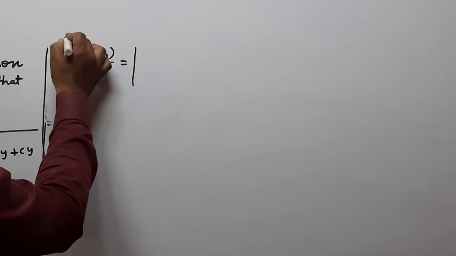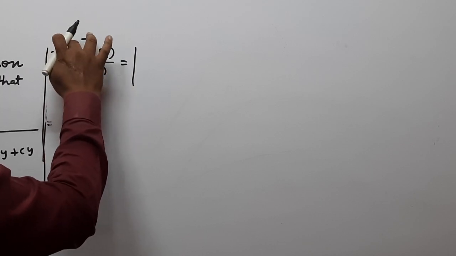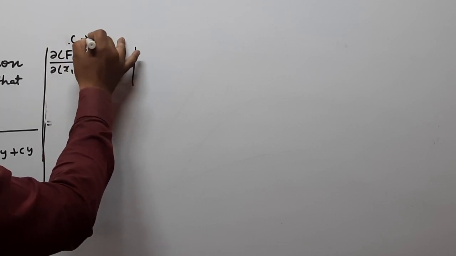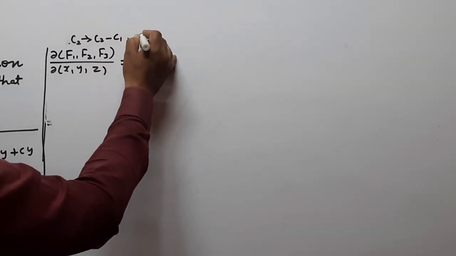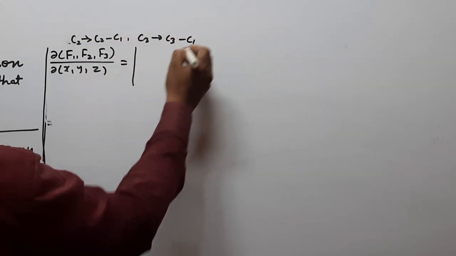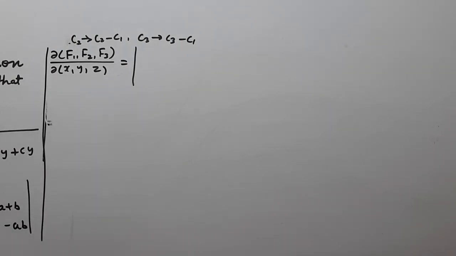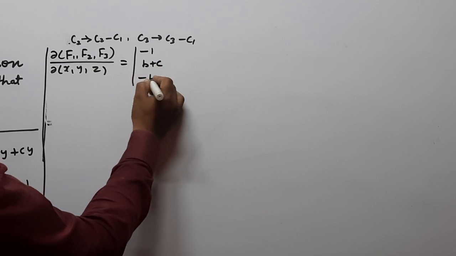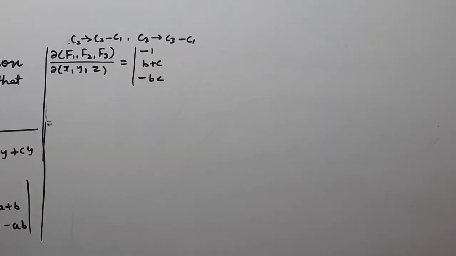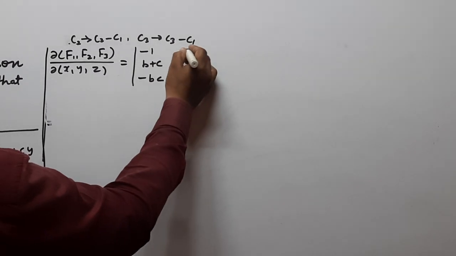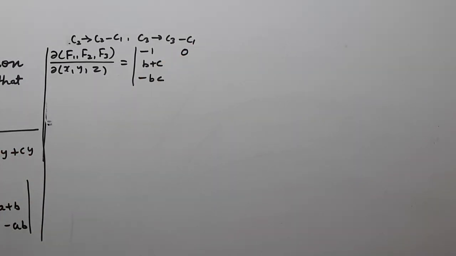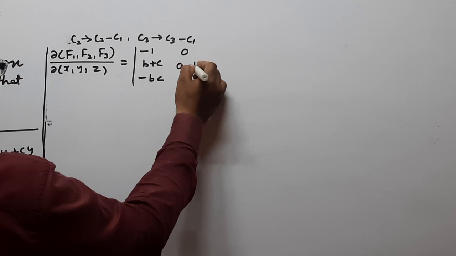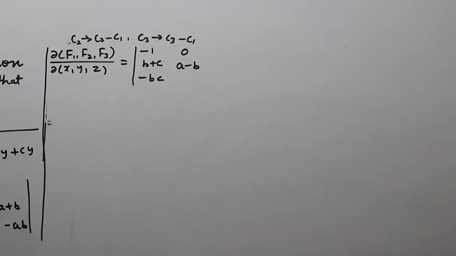For solving this, first we apply the operations c2 tending to c2 minus c1 and c3 tending to c3 minus c1. So we get here minus 1, b plus c, minus bc, and minus 1 subtract minus 1 we get 0 here. C plus a minus b minus c, we get here a minus b, minus ac plus bc.